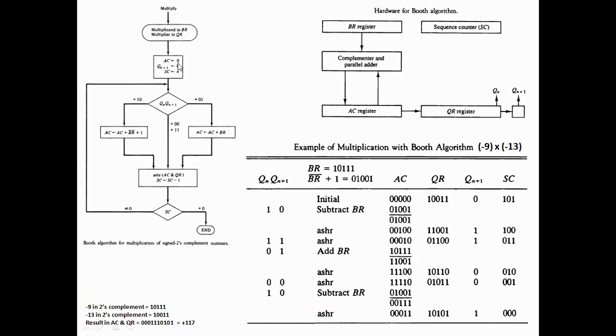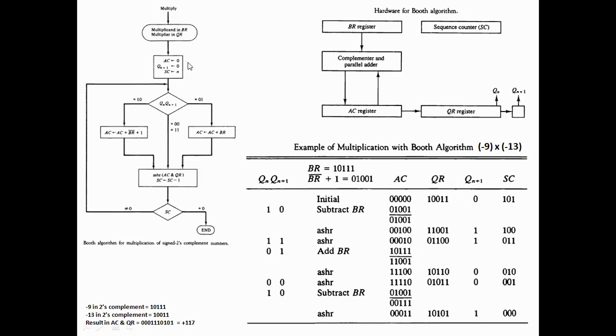In other words, put all zeros in it, and then take a flip flop which will hold 1 bit, put 0 in that flip flop, use a sequence counter register and put n in it, where n is the number of bits in the multiplier. So if we have to multiply something by a 5-bit number, it will be 5.